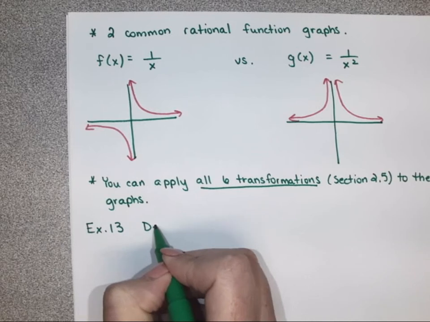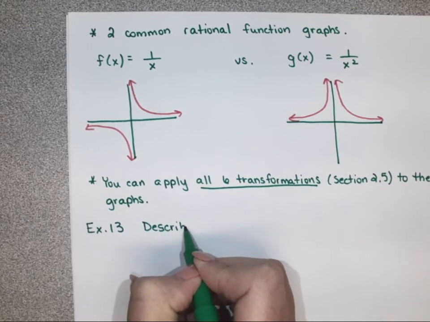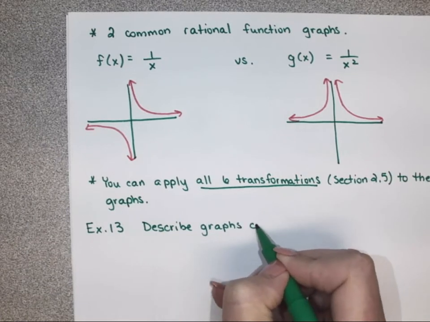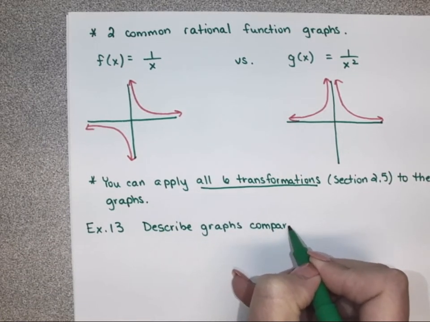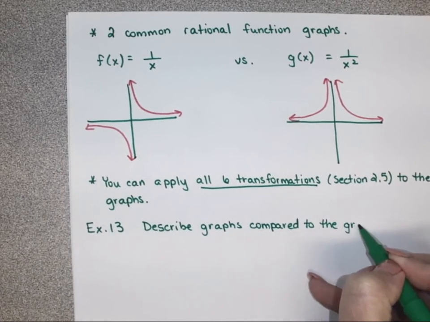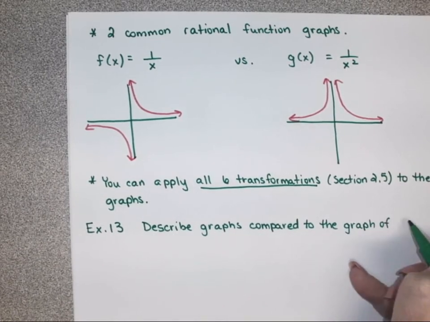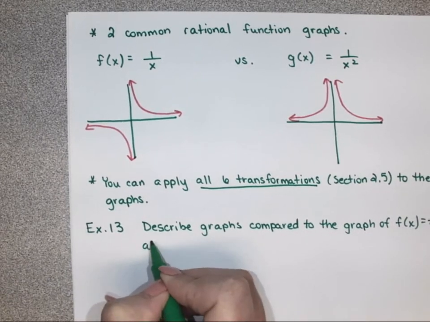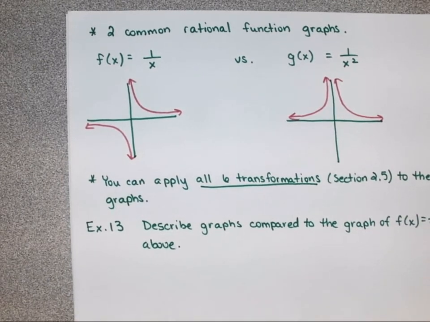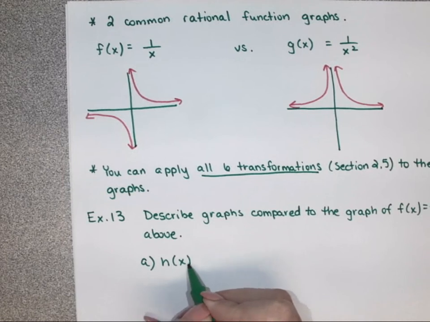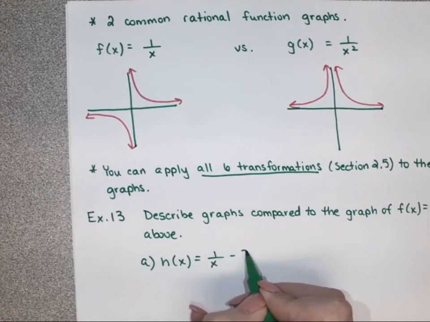So I want you to describe the graphs compared to the graph of f of x equals 1 over x that we showed above. So you won't really even need to skip too much space between these, but let's write all of these out first.